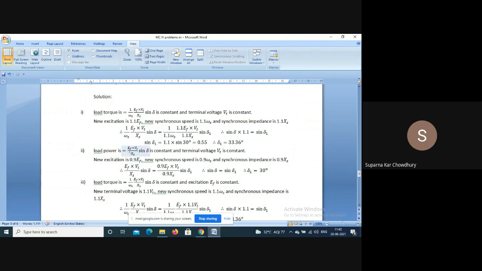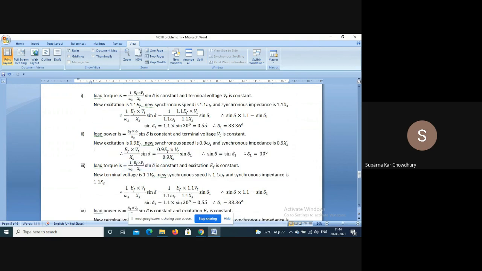Now, what happens instead of torque if we keep the load power constant? Load power per phase is EF Vt by Xs sine delta. So now this is constant and terminal voltage is constant. So what we have done, we have reduced the excitation by 10%, reduced the frequency by 10%. So synchronous speed is 0.9 omega s, and similarly synchronous impedance is 0.9 Xs.